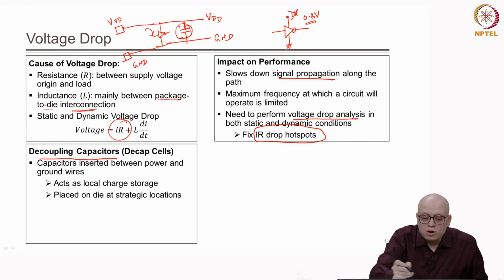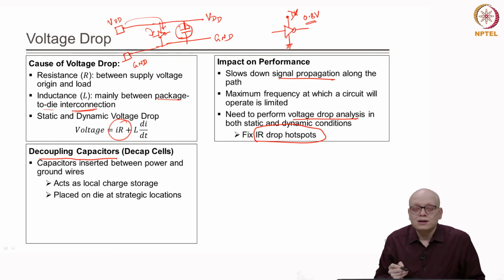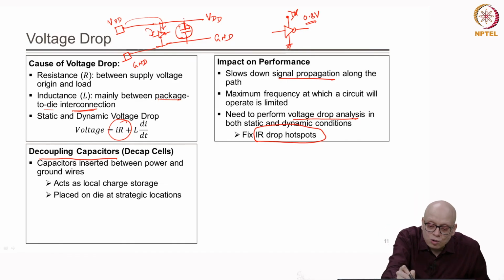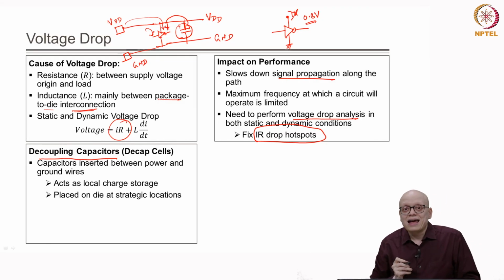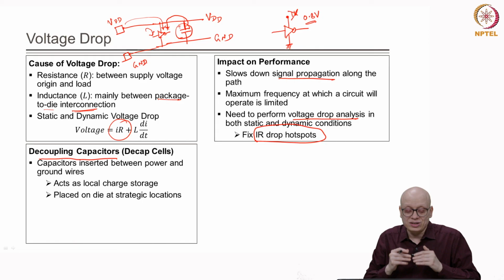Rather than getting current from this path, if a local decap cell is there, then some current will also be supplied by this decap cell, and therefore the voltage drop that is seen by the power lines will be reduced, right.